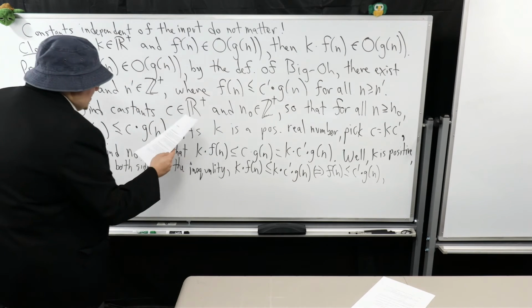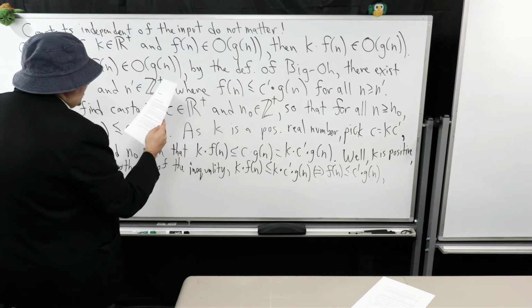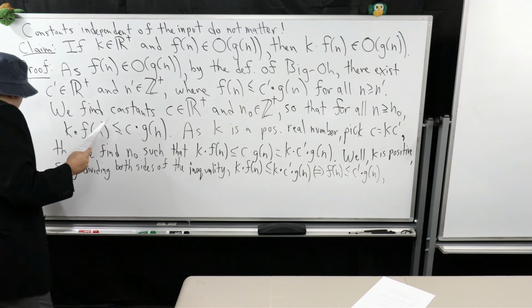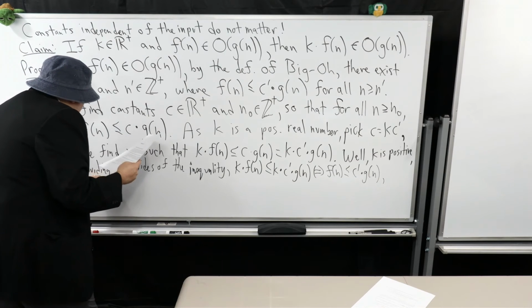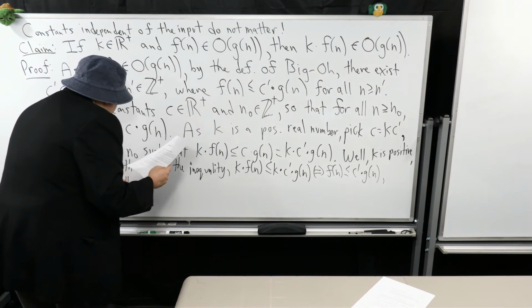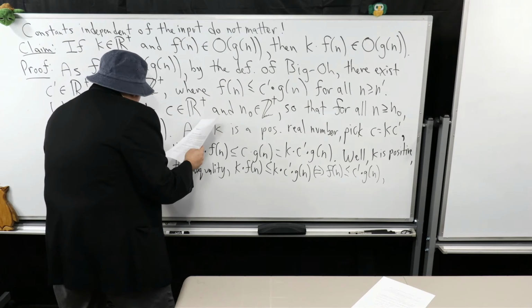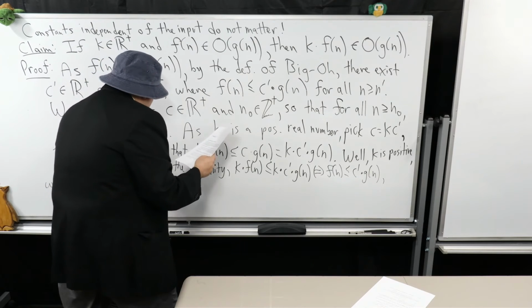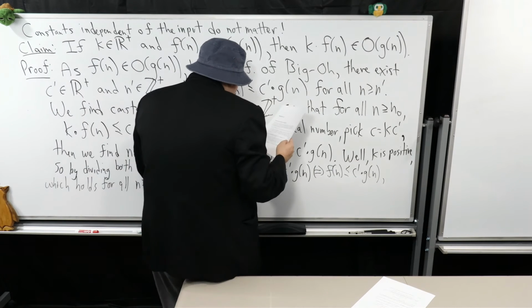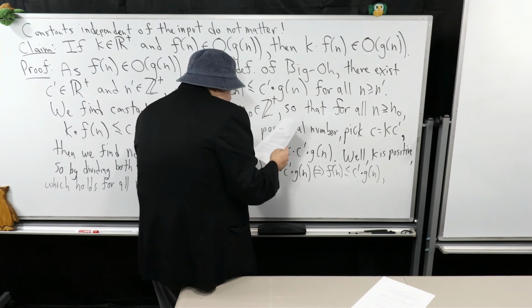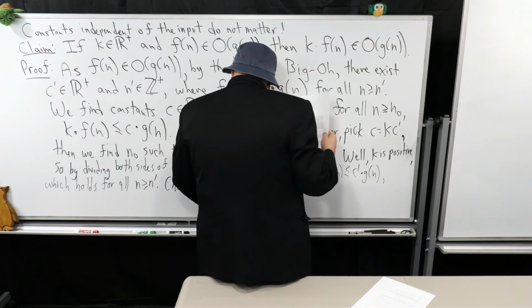So what does that mean? Well, it means that that inequality has to hold for all n greater or equal to n prime. So what should we choose as n0? You're going to choose the n prime. And we're done, right?